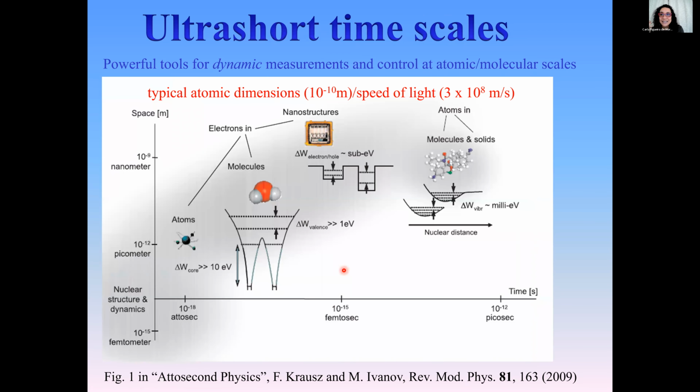And one thing that also happens is that in my area, we're dealing with some of the shortest time scales in nature, which are hundreds of attoseconds. This is easy to see. If you get atomic distances, or you get 10 to the minus 10 meter divided by the speed of light, you see that that's more or less what you're going to get.